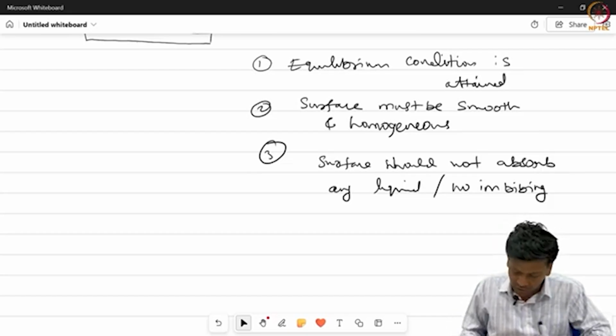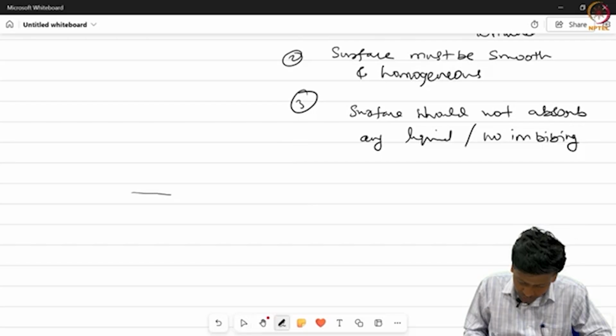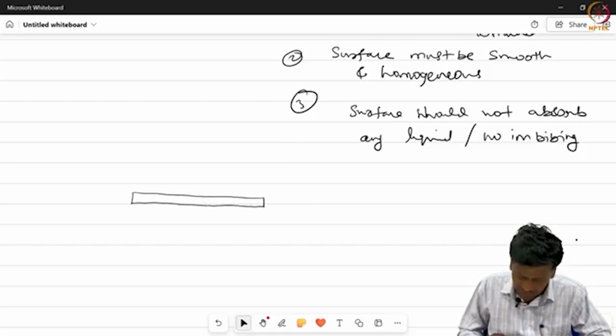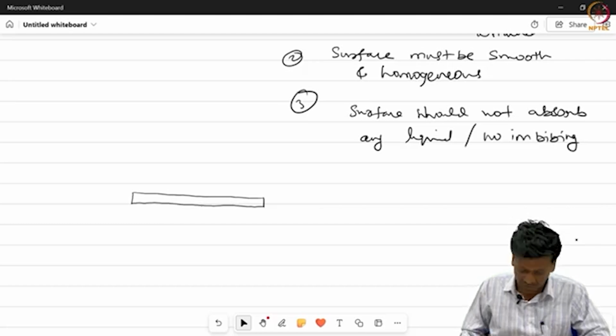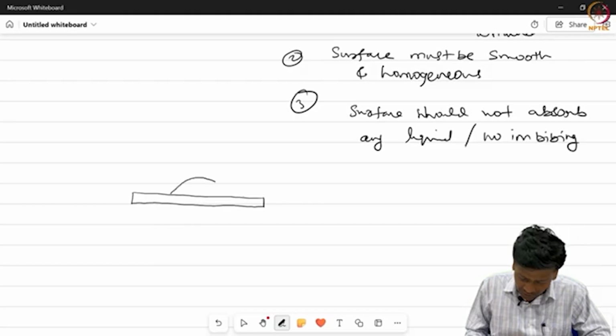Okay, so let's begin with how we can calculate or understand the contact angle, which is the three-phase contact angle. Let's look at the sessile drop. In this case, we place a droplet on the surface.